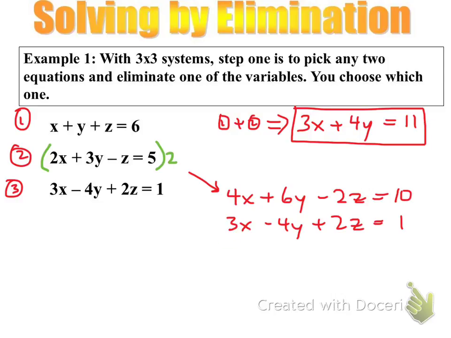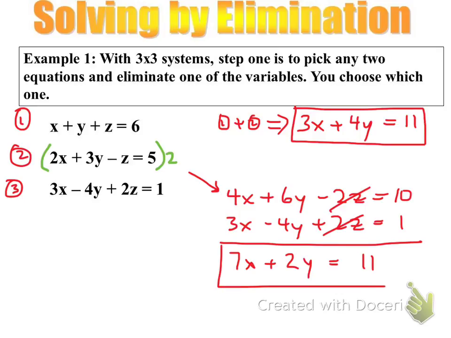All right, now I'm going to eliminate z, and I'm going to be left with 7x plus 2y equals 11, because the z's will cancel. All right? And we'll put a box around that one.